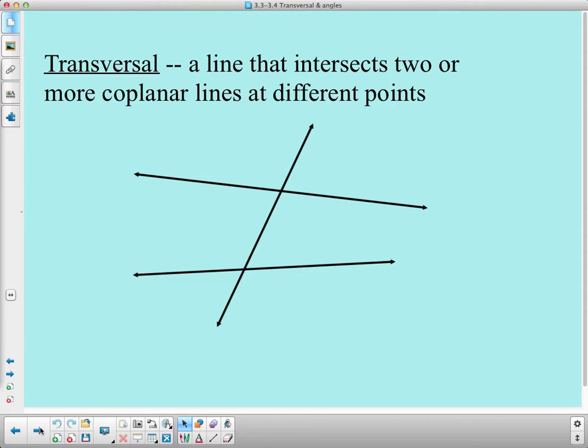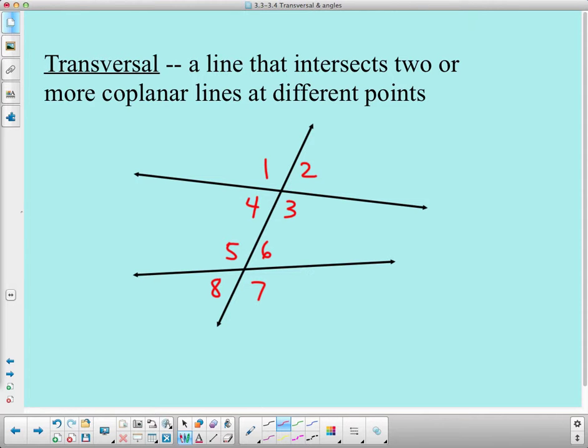And what we're going to work on today is pairs of those angles have a certain name, and we need to learn what those names are. So there's some vocabulary involved here. So there's 1, 2, 3, 4, 5, 6, 7, 8. And the names of the angles will depend upon where they are in the picture.